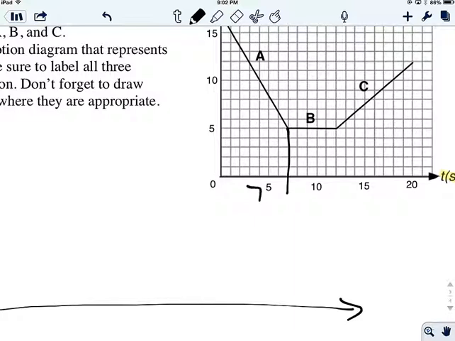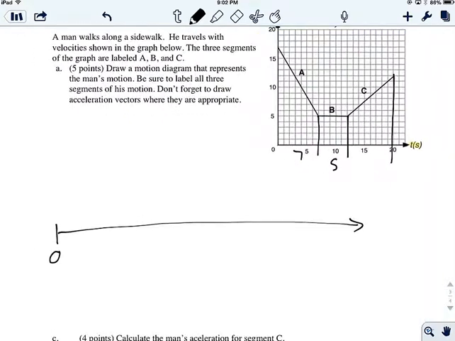The second segment is 5 seconds, and the last segment is 1, 2, 3, 4, 5, 6, 7, 8 segments. So my middle segment's going to be a little bit smaller, so I'm going to go about like that.